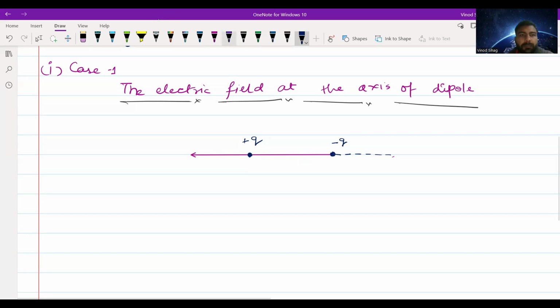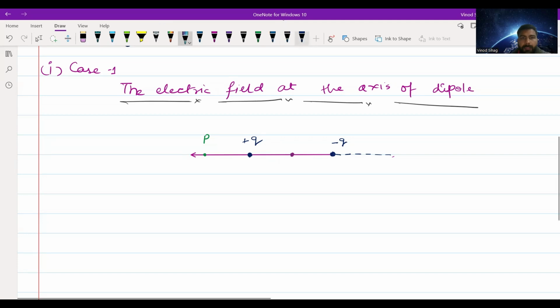Let us suppose that there is a point on this axis. Let us say the point P is here. And now we are going to take the distance from the center. This is the center here.